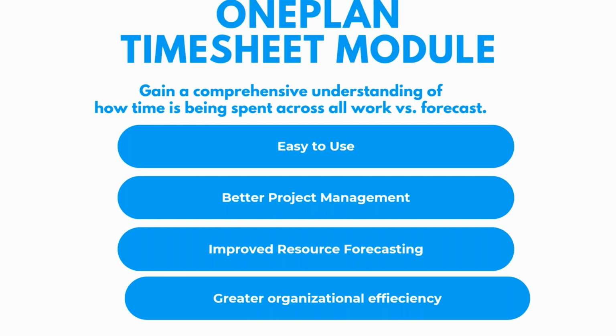Throughout today's session, we showed you that the OnePlan timesheet module is easy to use, and how you can use it to capture all work and non-work your resources do to help you track actual progress performance against the baseline, resulting in better project management oversight. Capturing actuals can improve resource forecasting and create greater organizational efficiency.